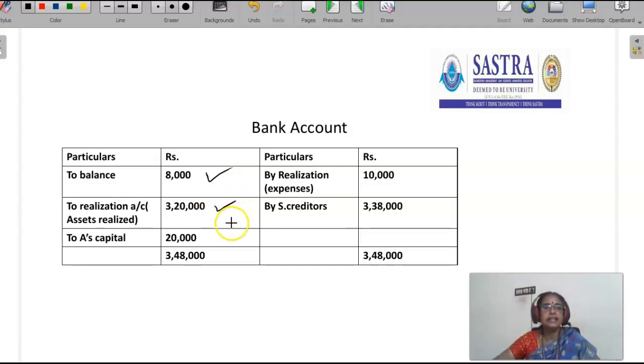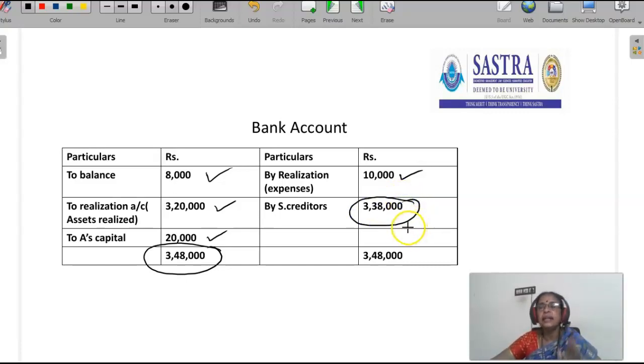Then assets realized is 3,20,000. A brings cash to the extent of 20,000. So the total amount in the firm is 3,48,000 rupees. The realization expenses made by the firm are 10,000. The balance amount is 3,38,000.